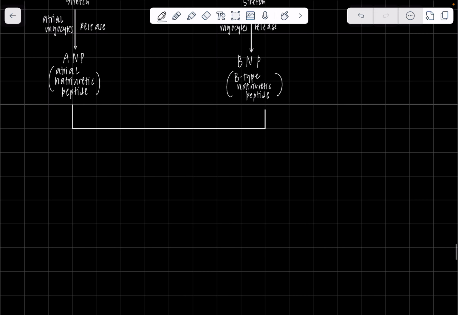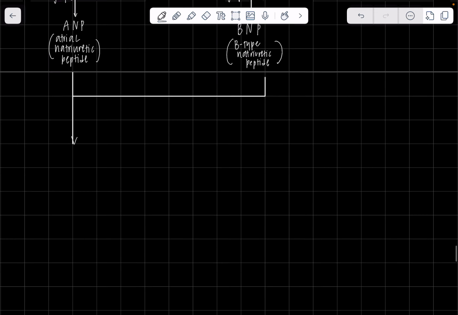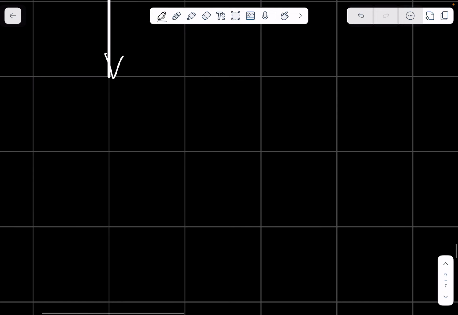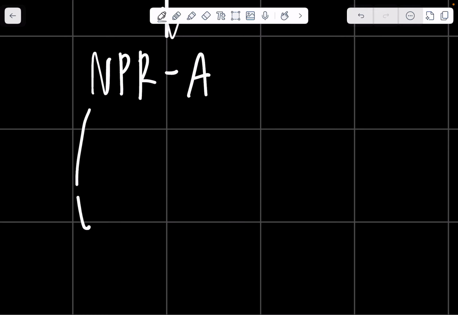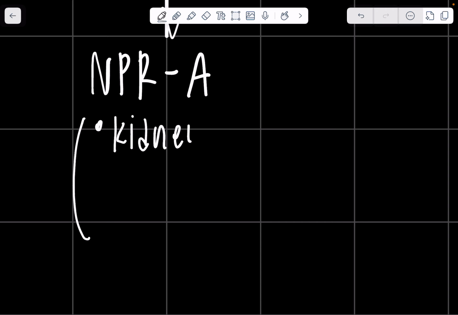So one of the first receptors that I think it's appropriate to talk about is the receptor called NPRA. And this one's pretty cool because it can be found in a few places. One of those places is in the kidneys, and another is in smooth muscle of our vasculature.